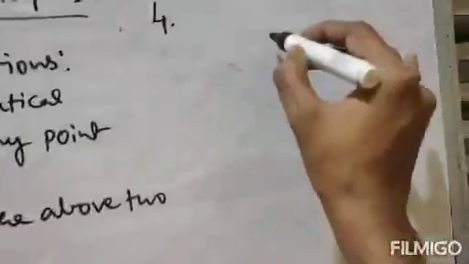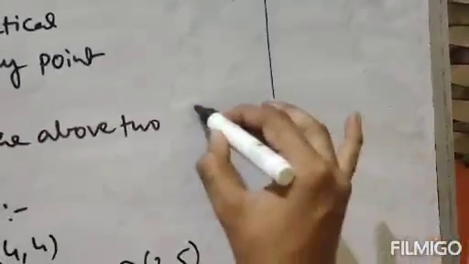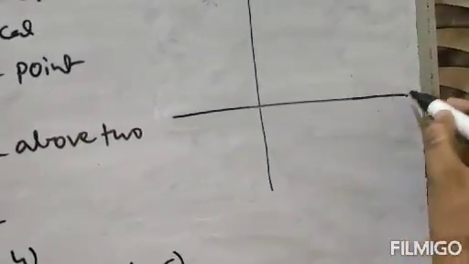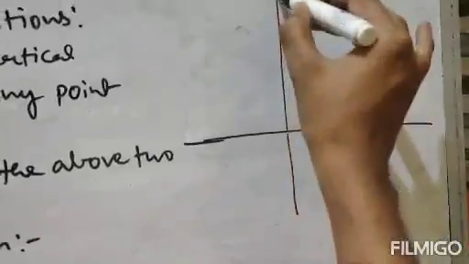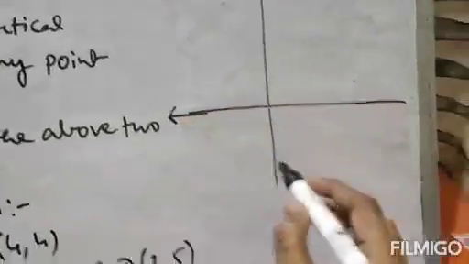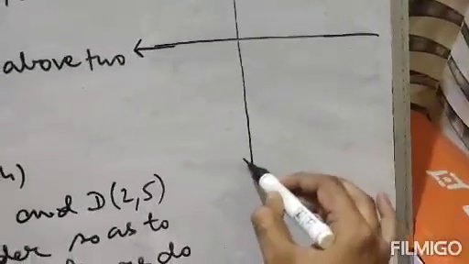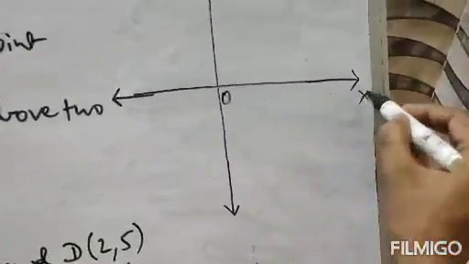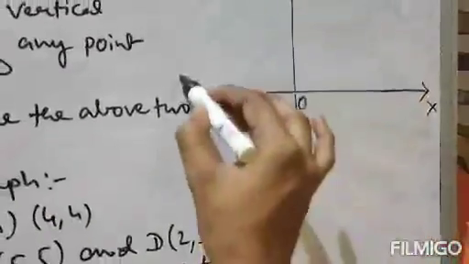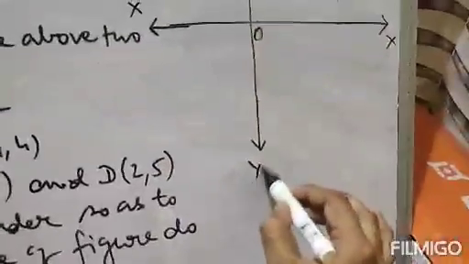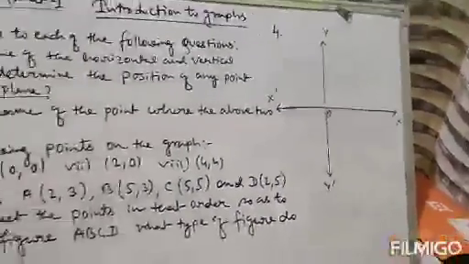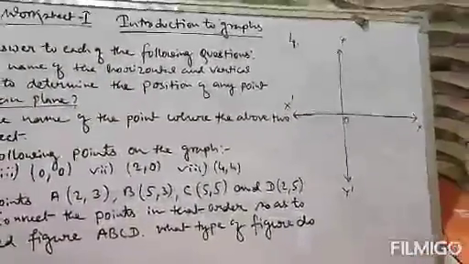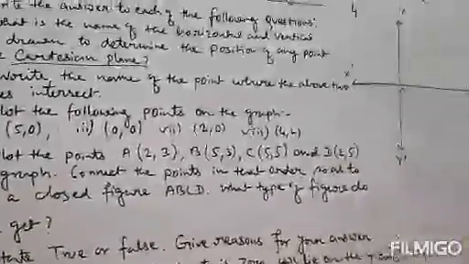So just draw a Cartesian plane. This is the origin point 0, this is the x axis, this is the y axis, this is the negative part of x, this is the negative part of y. So draw this graph using your pencil, do not use a pen.